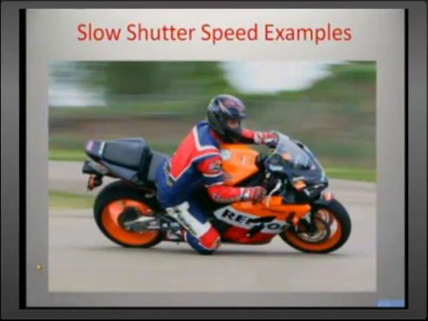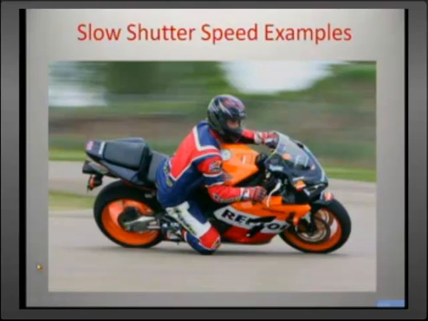This is called using a slow shutter speed and panning with the moving subject. This would be using your still camera or your digital camera much like you would a movie camera or a camcorder. So you're putting your shutter on a very slow shutter speed. This is taken at about a half of a second.